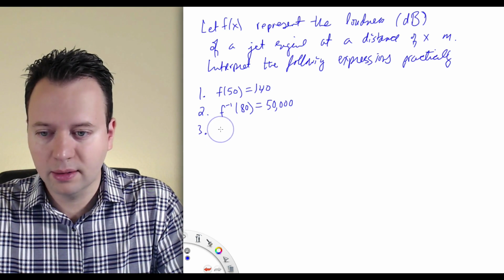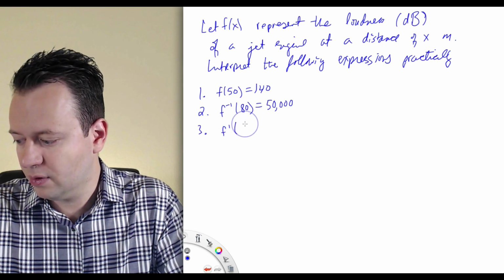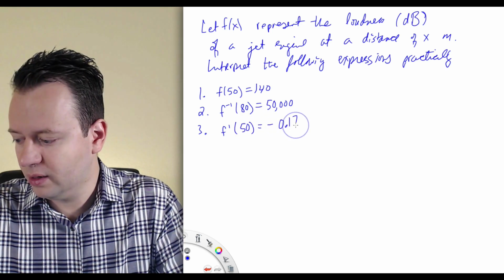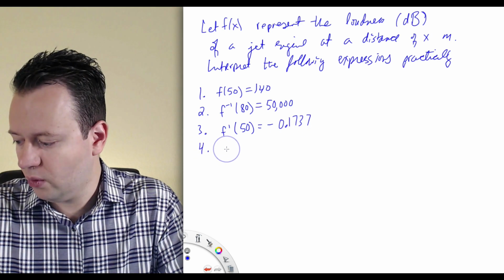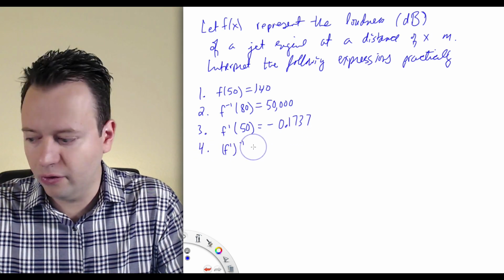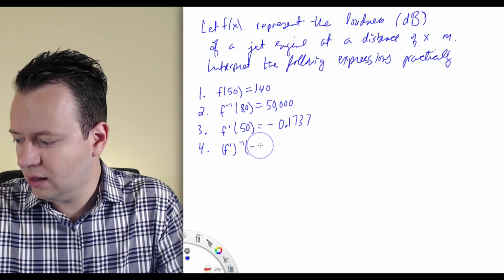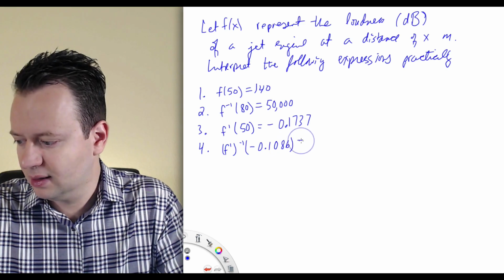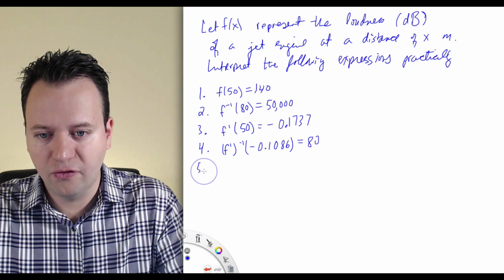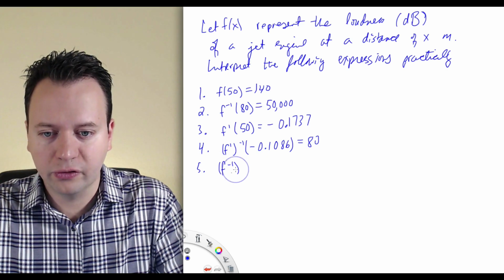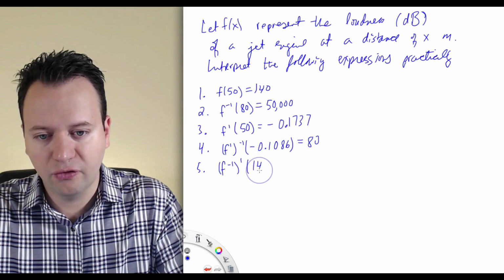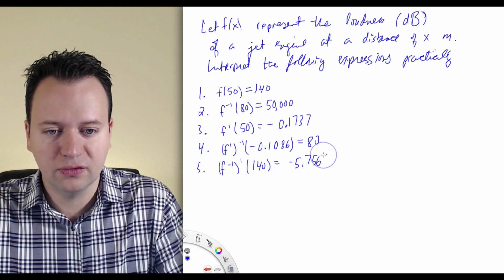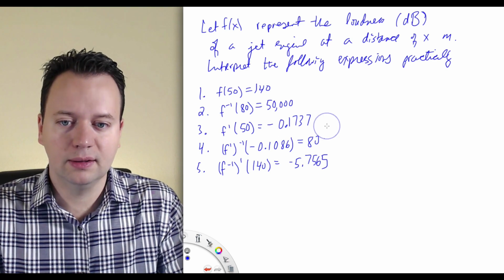The third one is f prime of 50 is equal to negative 0.1737. The fourth one is f prime inverse of negative 0.1086 is equal to 80. And then the fifth one is f inverse prime of 140 is equal to negative 5.7565.